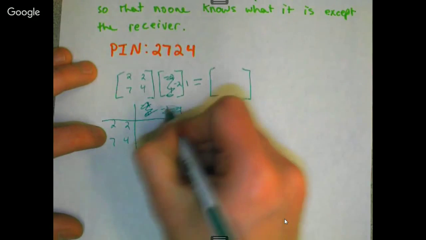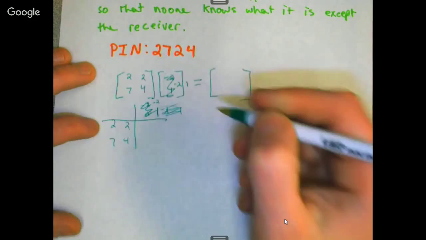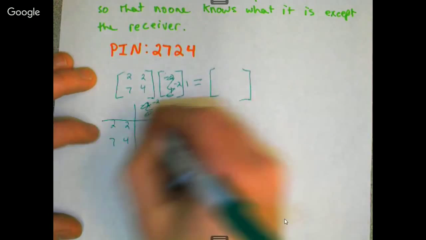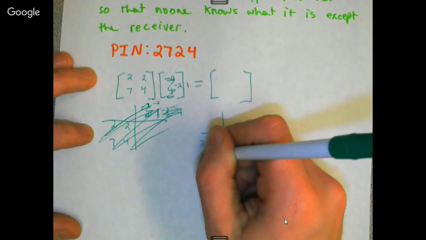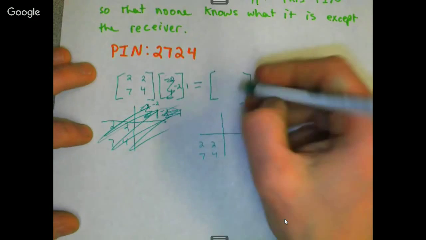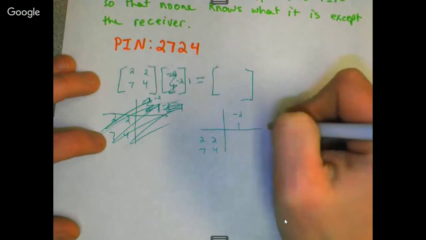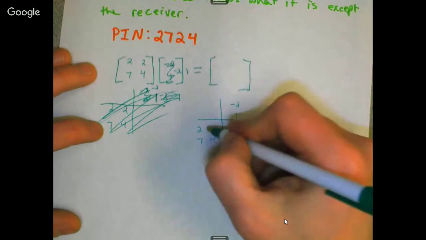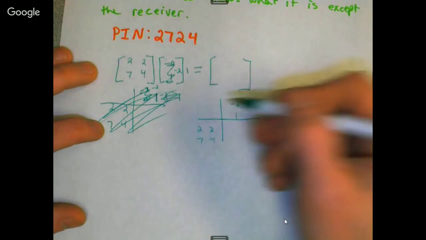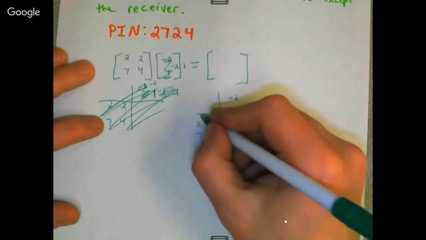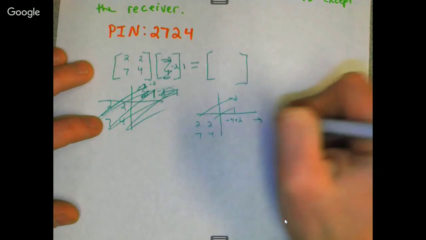Whoop, I can't do that. I had it right the first time. Okay, so let me just rewrite this. Okay, so we'll multiply this. So you get negative 4 plus 2.